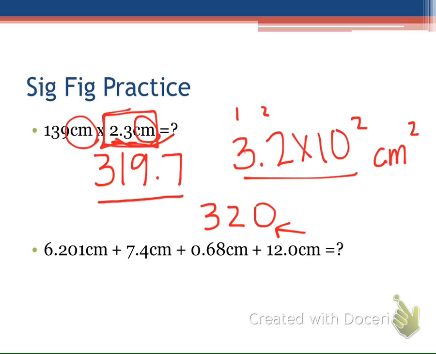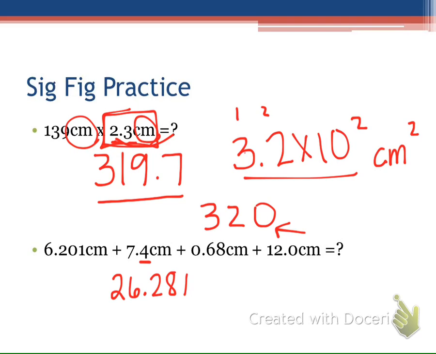Okay, let's have a raw answer for the second problem. Yeah, Brayden. 26.281. Okay. Can someone tell me how many decimal places our final answer should have? Jenna says 1. Why 1, Jenna? Because your least amount in the original problem is 1. Good.